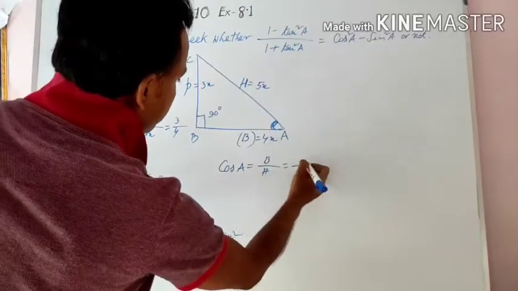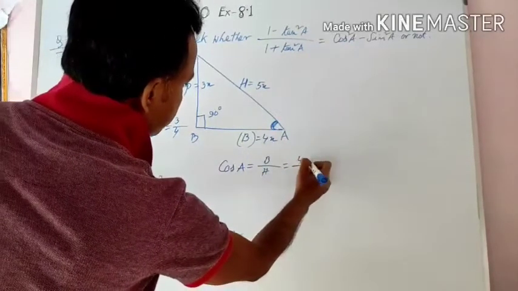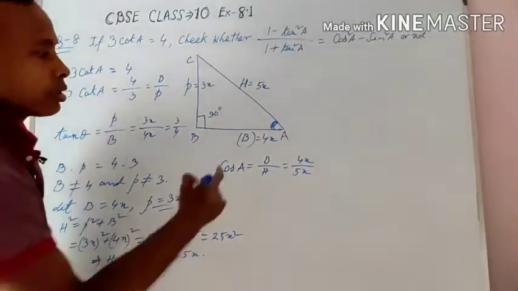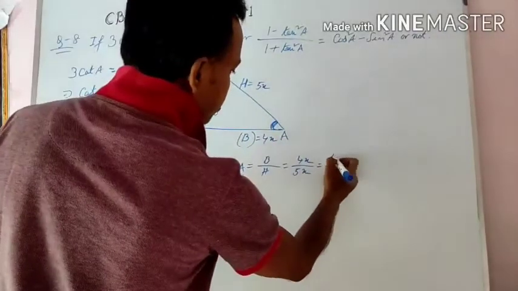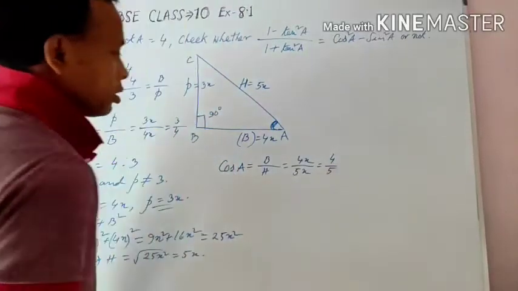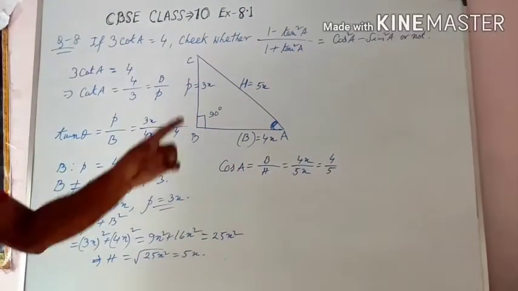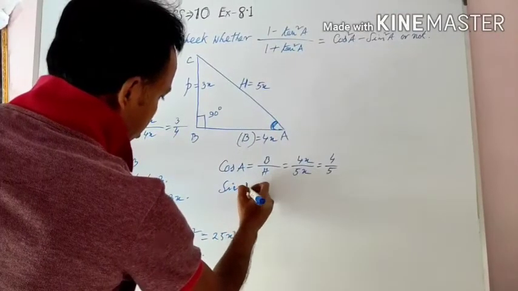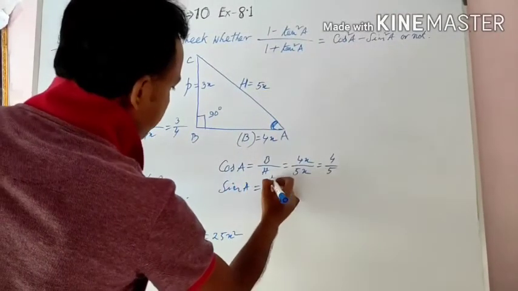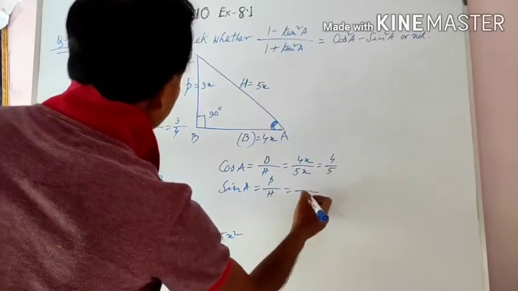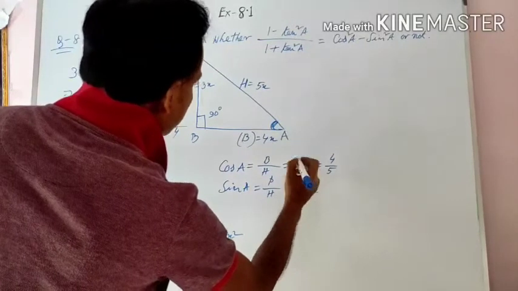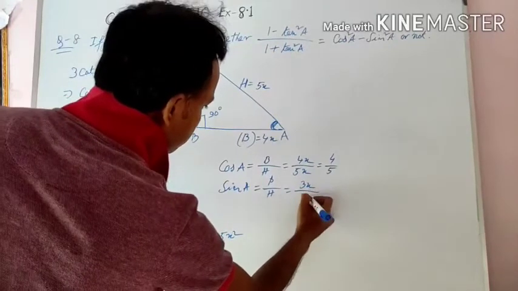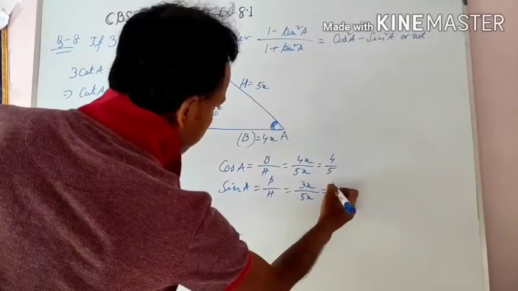Put the value: base is 4x, hypotenuse is 5x. So x cancels out, that is 4/5. That is cos A. Sin A is equal to perpendicular by hypotenuse. The value of perpendicular is 3x, the value of hypotenuse is 5x, so it is 3/5.